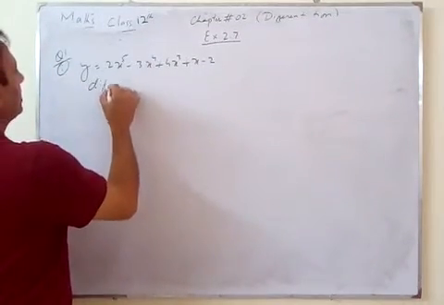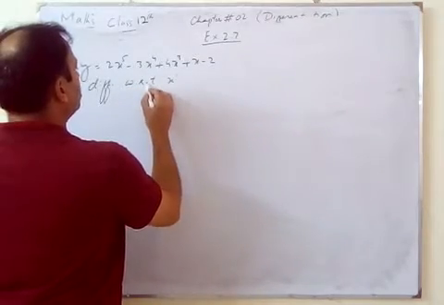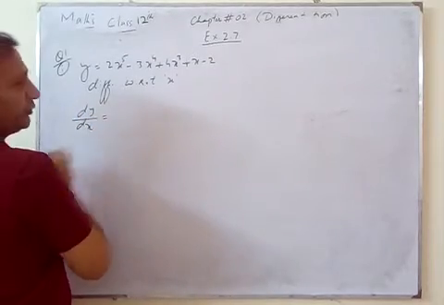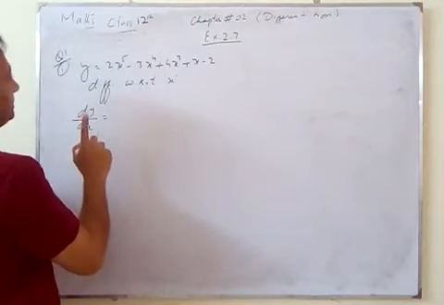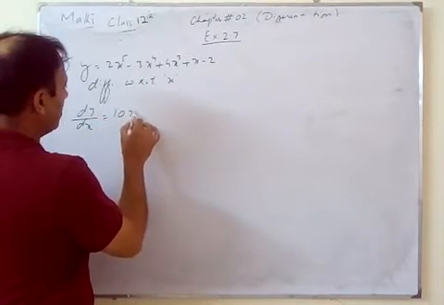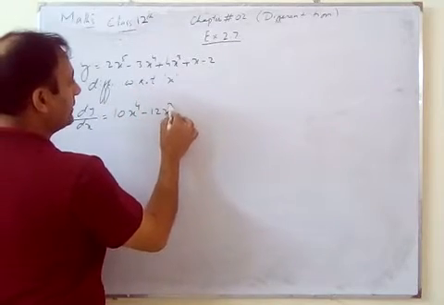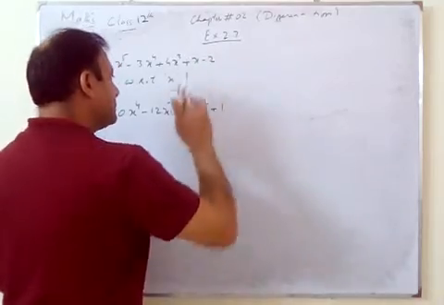Differentiate with respect to x. So dy by dx is equal to all these one by one: 10x power 4 minus 12x cube plus 12x square plus 1, and the last term is 0.